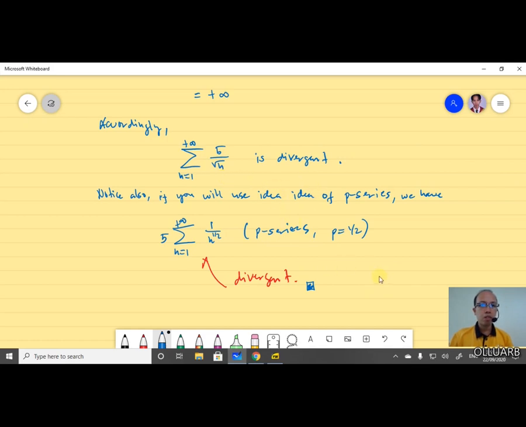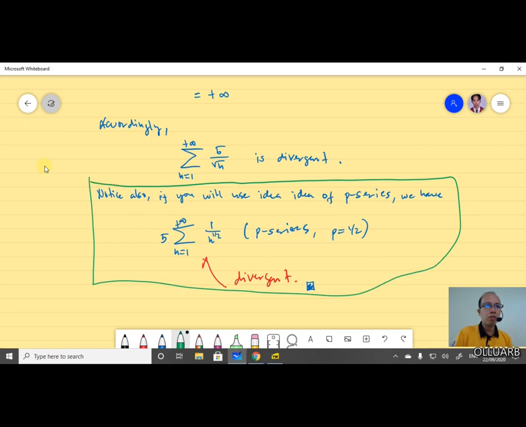So in this solution, if you use the idea of the p series, then you will have a short answer.